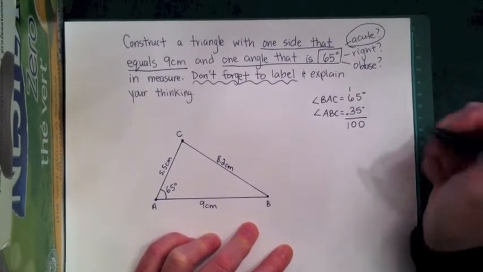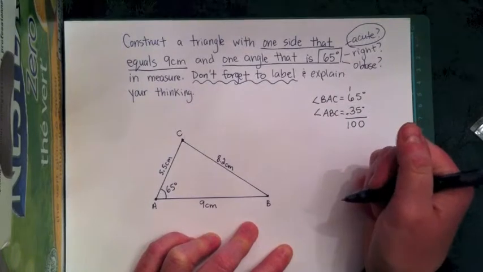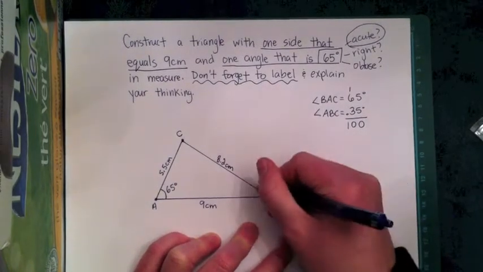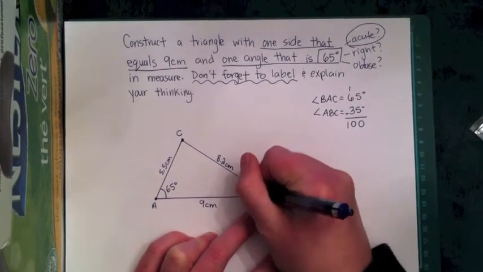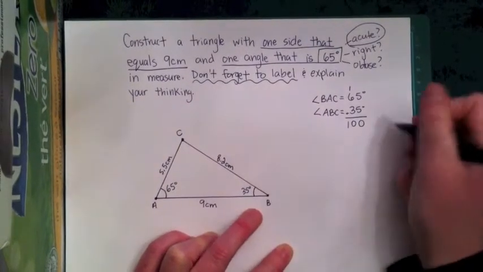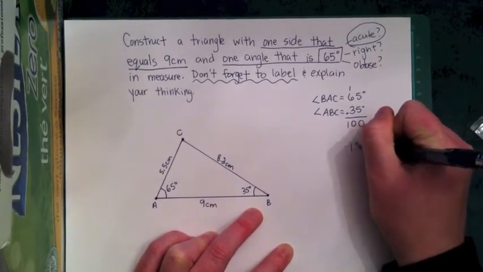My only other option is to have an 80-degree angle, because we know the insides of a triangle must equal 180 degrees.